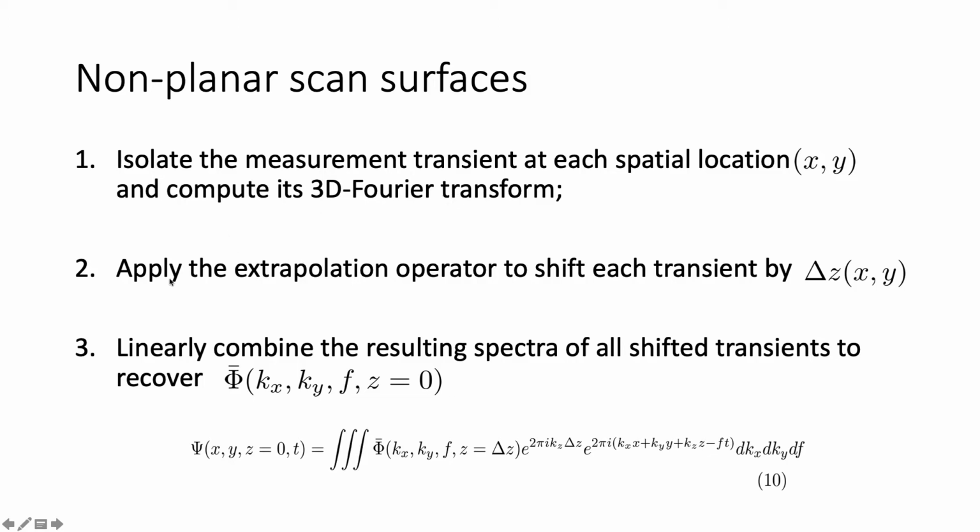After that, we apply the extrapolation operator to shift each transient by delta z(x, y), and finally, by convention, we linearly combine the resulting spectra of all shifted transients to recover phi bar.